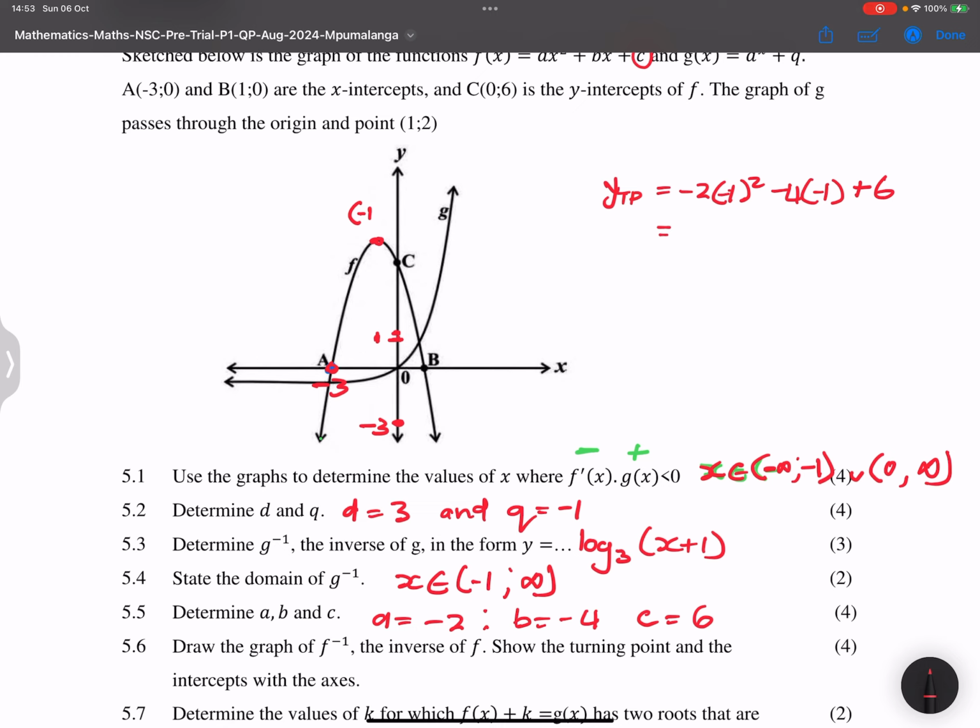So let's find that y value there. I get a value of 8, so which means this is -1 and 8. Now, ladies and gents, that means that for the inverse graph, it will have a turning point at x is equal to 8, somewhere there, and y is -1.